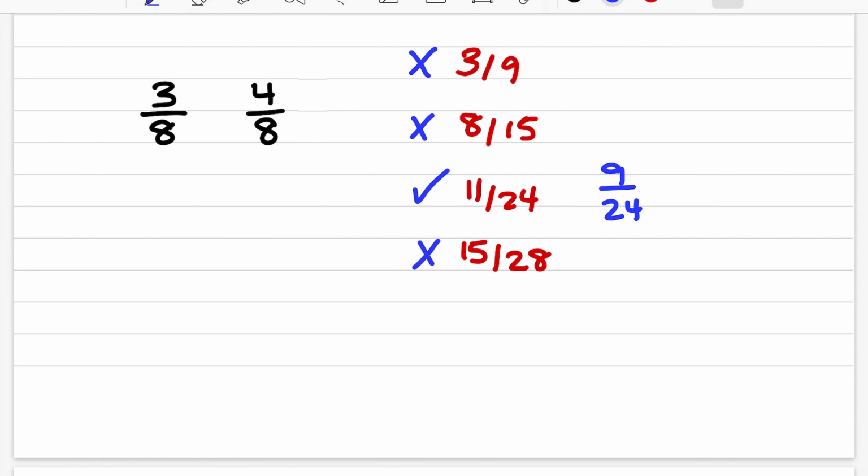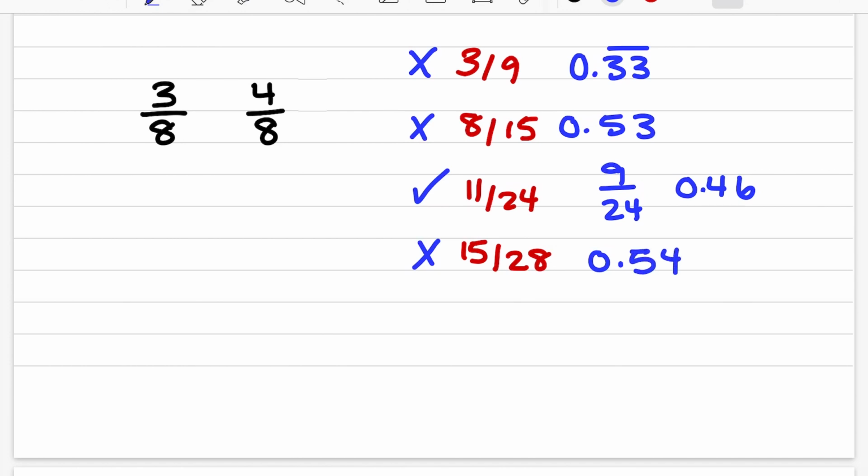Again, just like last time, if you found it easier, you could just substitute these all into decimals using your calculator. 3 divided by 9 is 0.33 repeating, 8 divided by 15 is 0.53, 11 divided by 24 is 0.46, and 15 divided by 28 is 0.54.